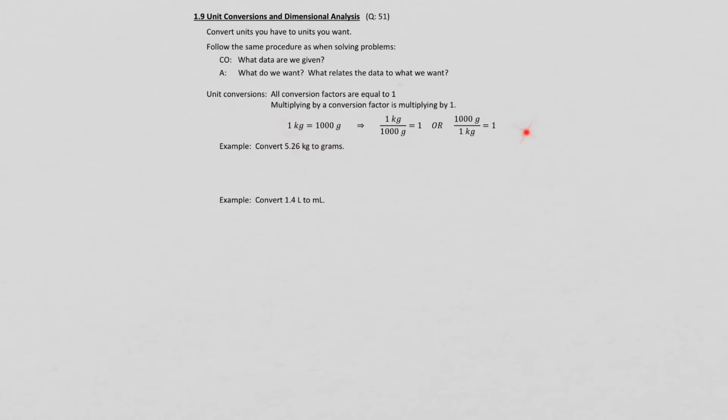Provided for you right here are conversion factors. Now I always like to write everything out, okay? I always like to be as meticulous as possible to make sure I don't leave anything out. You start by writing down what you know. Again, the 5.26 kilograms that I will write in nicer handwriting.